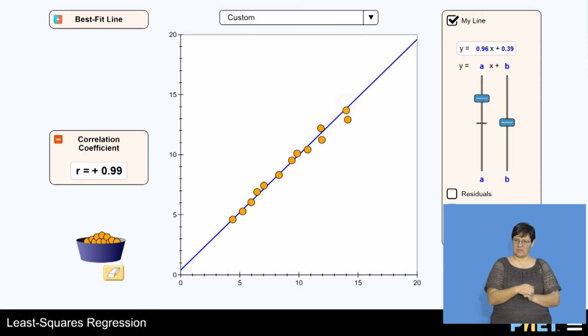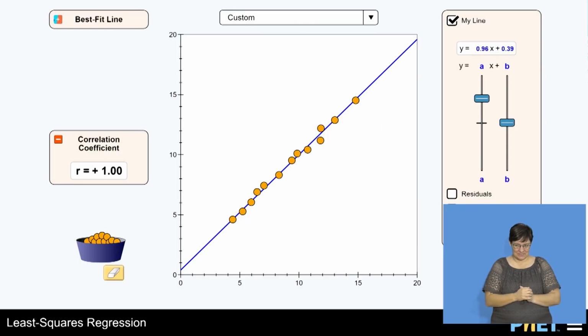Let's move this one. Actually quite difficult to do that. Yeah, almost. Look at that. I'm getting R equals 1, which is a perfect correlation. I can see there's still 1 not exactly on the line, but I'm getting a perfect correlation. Okay, fantastic, guys. I hope this makes sense and you really understand what is happening here.